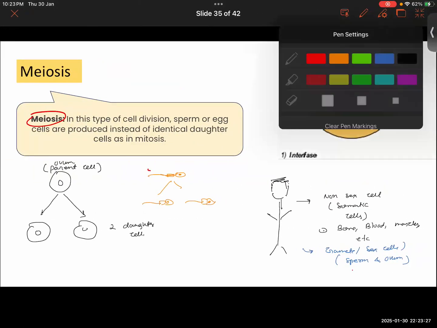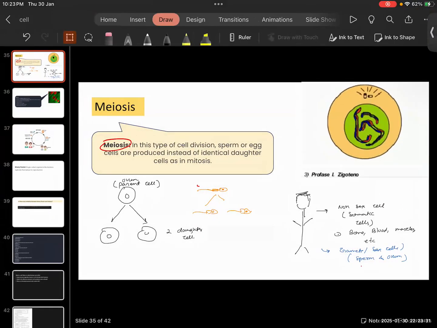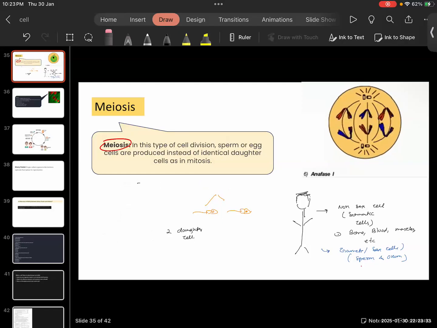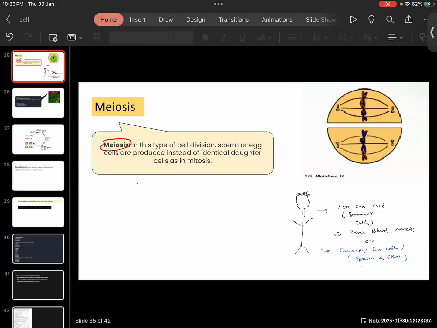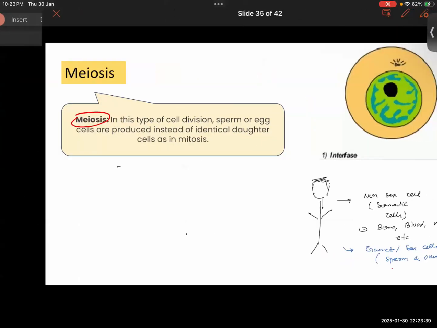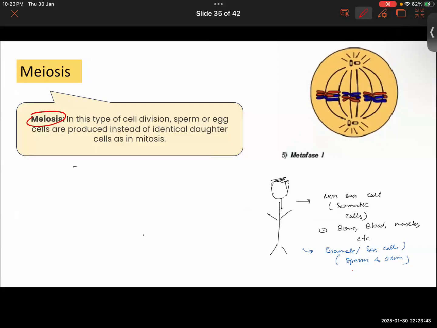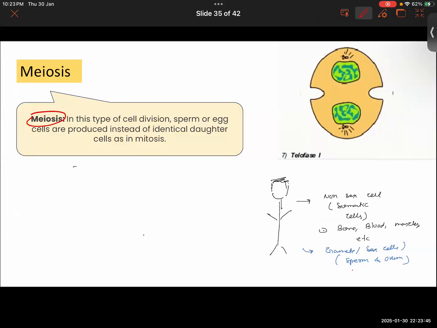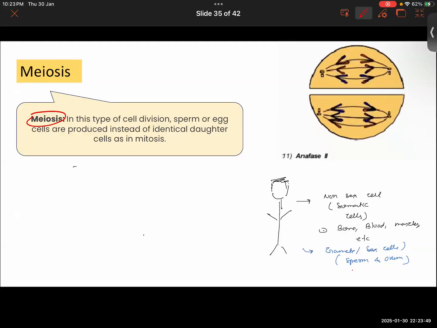I need to improvise this. Do not consider this diagram. In the given diagram, I have shown only two daughter cells. Actually, four daughter cells are formed in the process of meiosis. Now let me explain how.